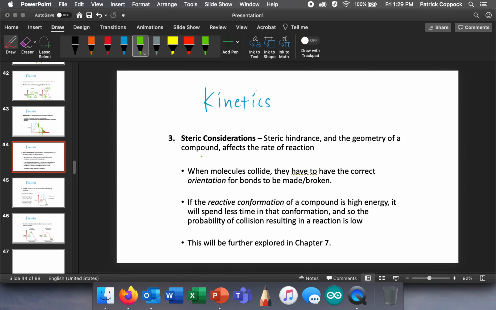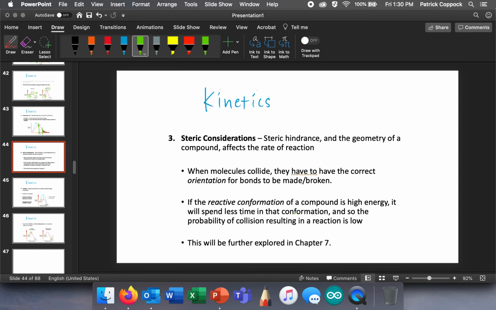All right. So steric considerations also need to be taken into consideration. Steric hindrance, that is, things that get in the way, affects the rate of reaction, because when two molecules collide, if they can't get to each other, if the electrons can't get to the right spot, then you can't make the new bond. It's that simple. When molecules collide, they have to be in the correct orientation for bonds to be made or broken.